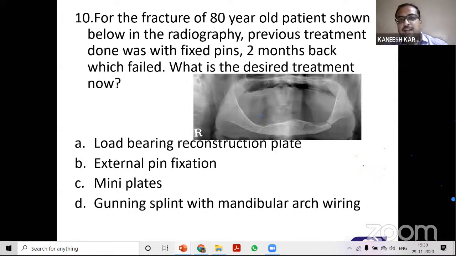For the fracture of an 80-year-old patient shown below in the radiograph, the previous treatment done was fixation with 2 pins 2 months back, which failed. What is the desired treatment? Generally you can fix such fractures with a Gunning splint, but not in this situation.